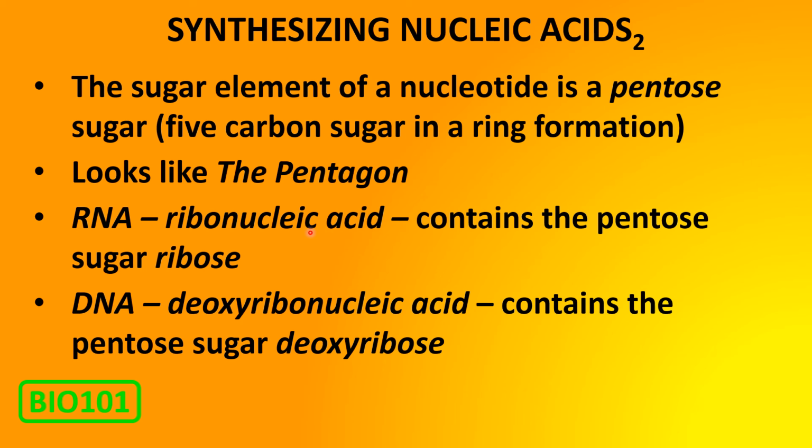The sugar that we're talking about is ribose, R-I-B-O-S-E. That's the R in RNA. It stands for ribose. It's a pentose sugar called ribose. We'll look at its structure in a second, although you've seen it already.